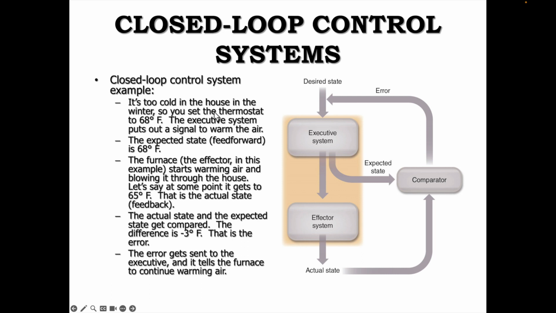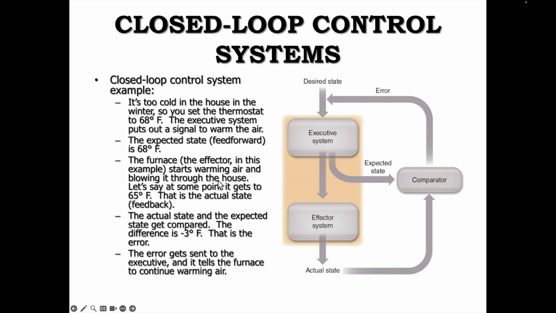So you set your thermostat to 68 degrees Fahrenheit. The executive system puts out a signal to warm the air. The expected state, what the executive system wants to get to, is 68 degrees. So following this arrow down here, the expected state, the feed forward information, is 68 degrees Fahrenheit. That's what we expect to get.